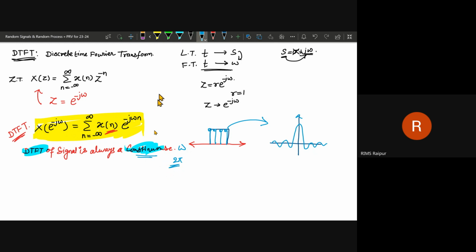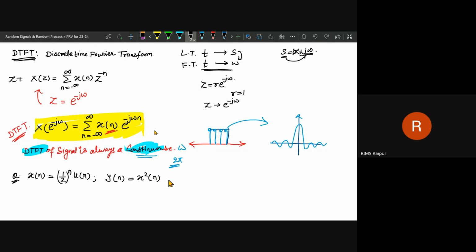Now let's understand DTFT with one example. Let us consider x of n equals (1/2) raised to power n times u of n. And consider another signal y of n equal to x square of n.